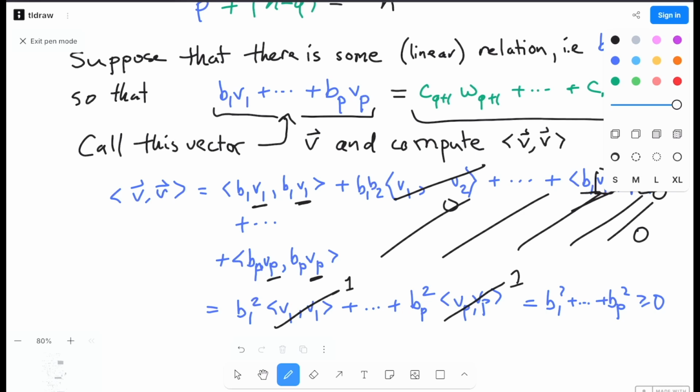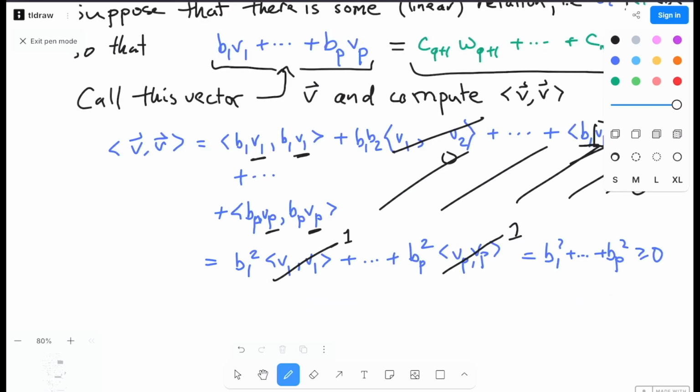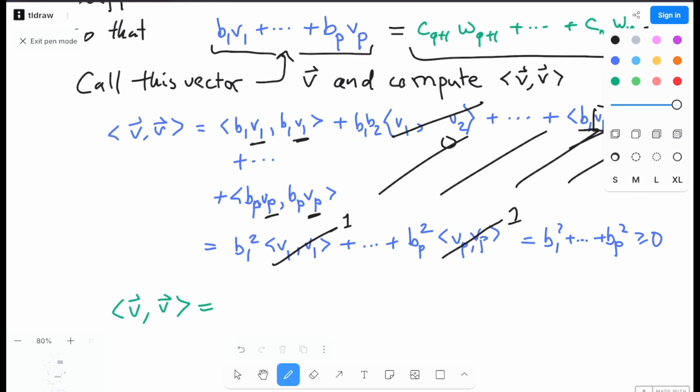But let me spell it out a little bit more. So that's one way that we can compute VV. The other way that we can compute VV is we can use the green expression. So I'll be a little bit quicker here.